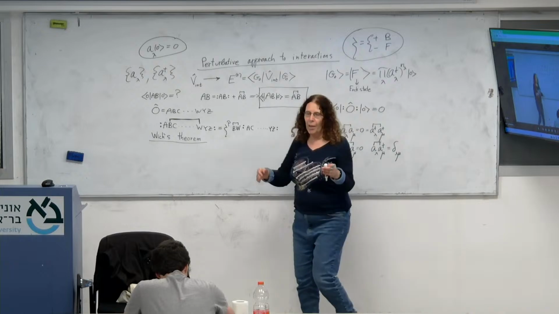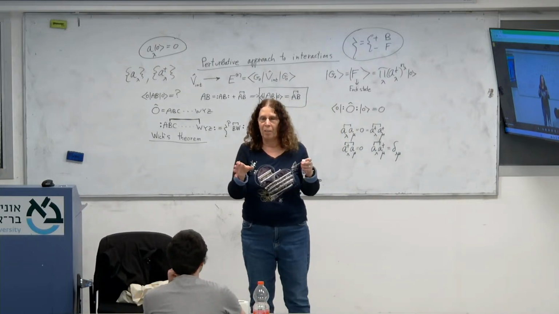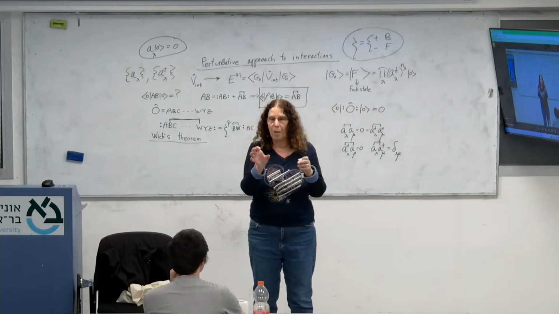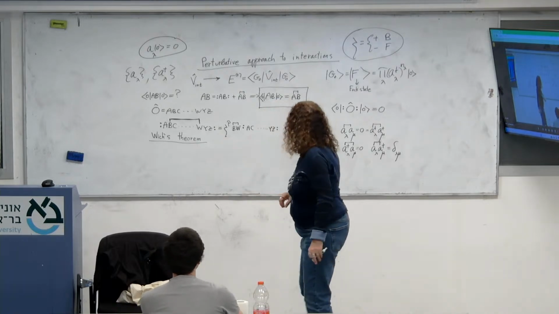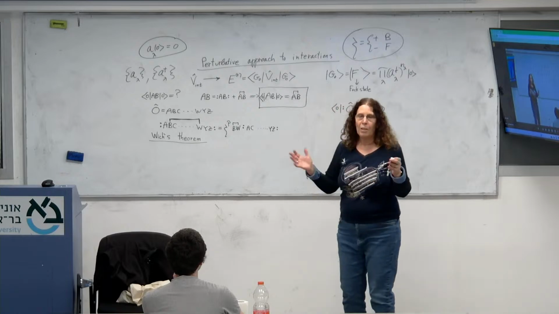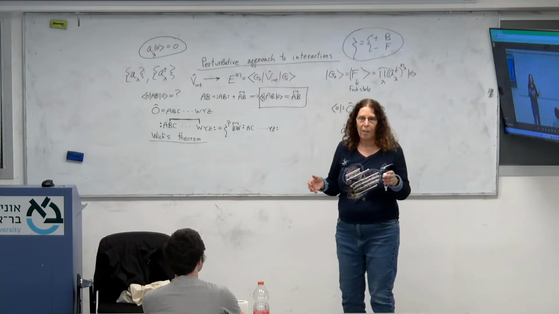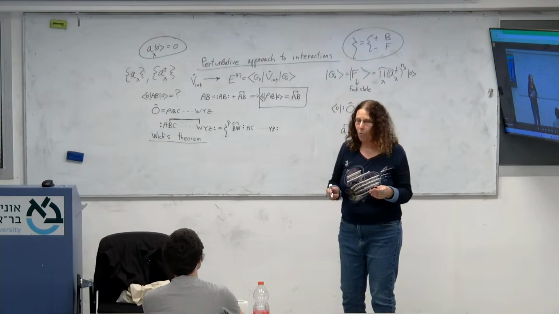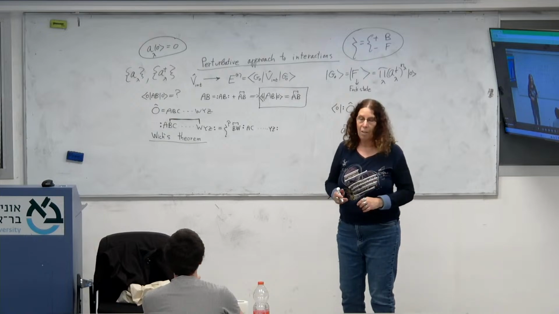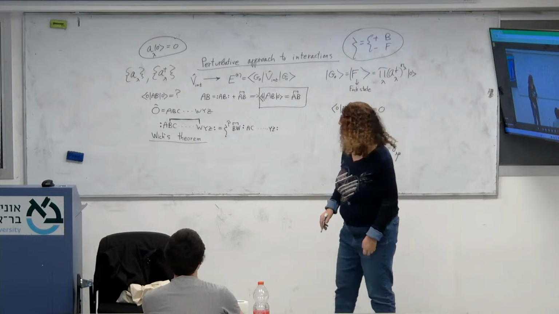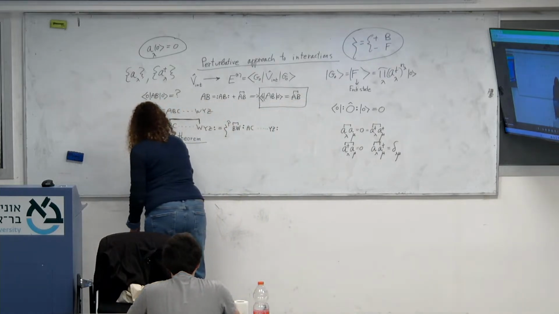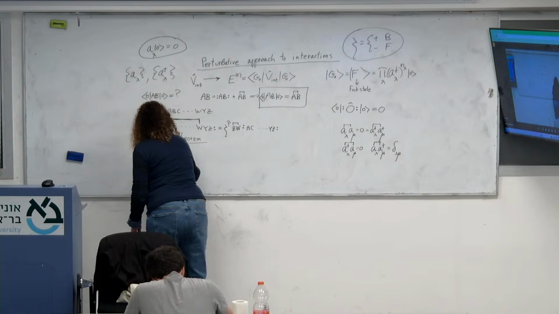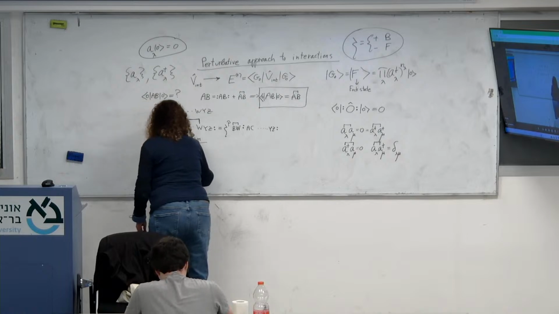So if you have, let's say, 6 operators and you contract all of them by pairing, like the product of 3 pairs, and you just get a number. And therefore, the vacuum expectation value of that is just a number.